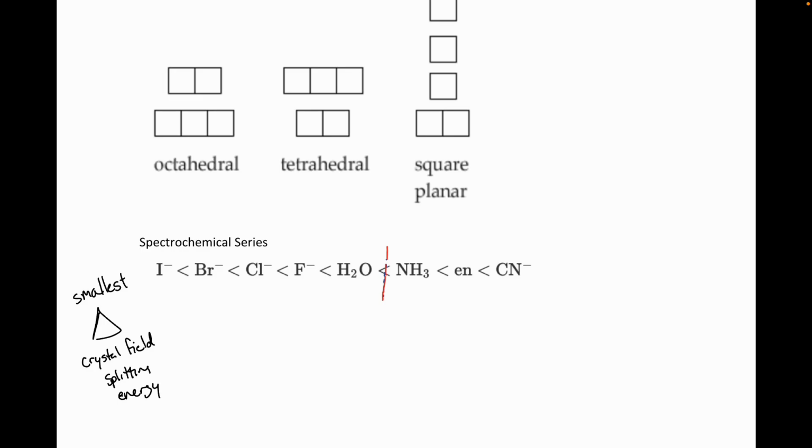And then over here, these are the largest delta. And we see that there's this cutoff here. These are what we call low spin ligands. And these are what we call high spin ligands.